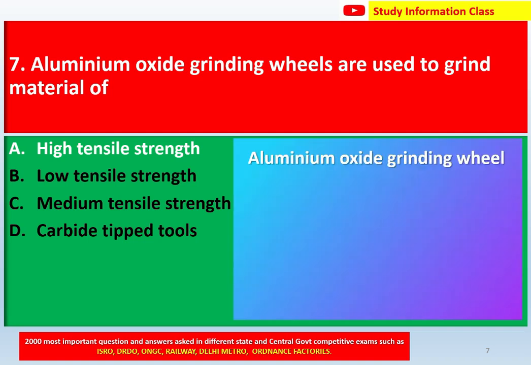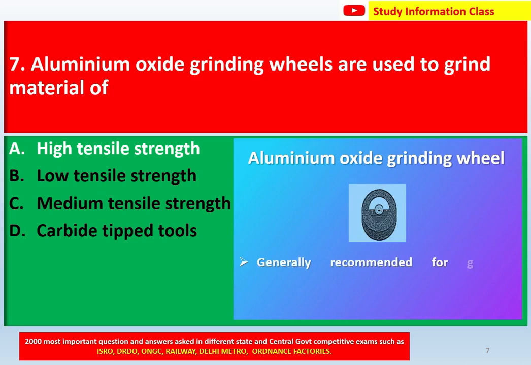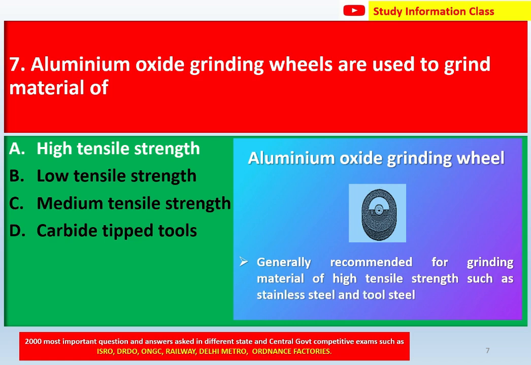Aluminium oxide grinding wheel is generally recommended for grinding material of high tensile strength such as stainless steel and tool steels. Correct answer is high tensile strength.